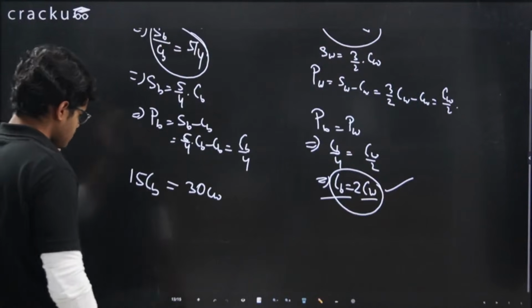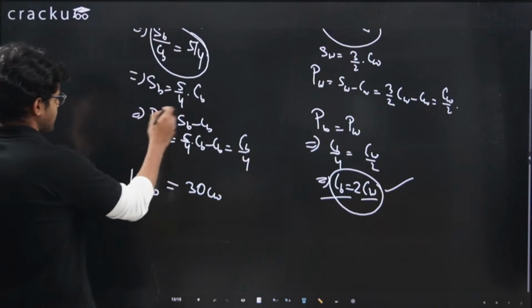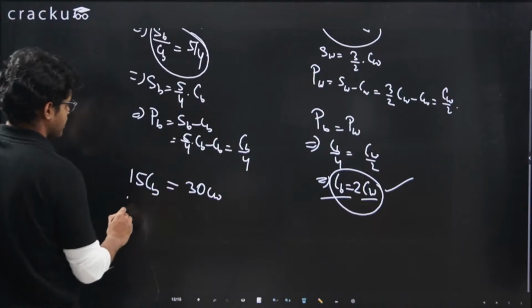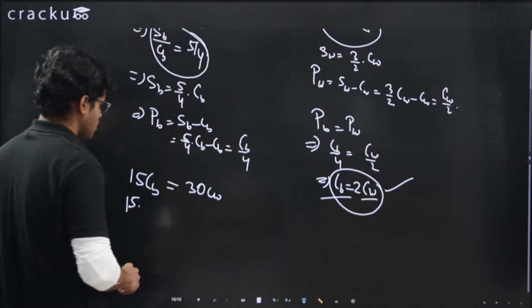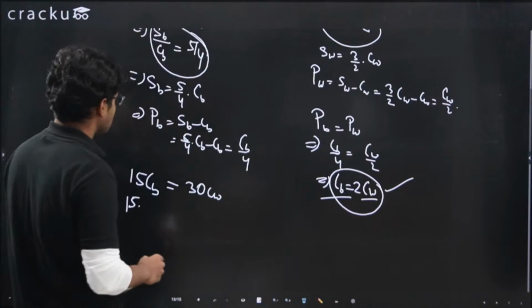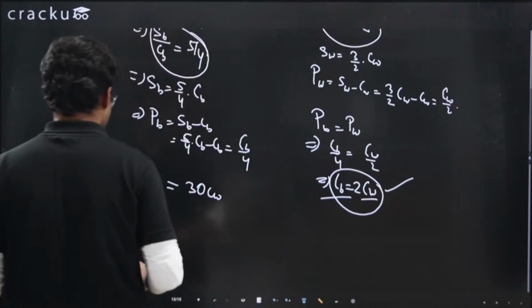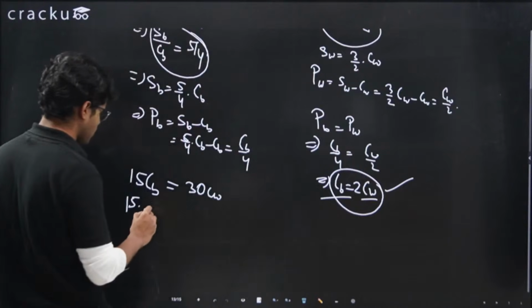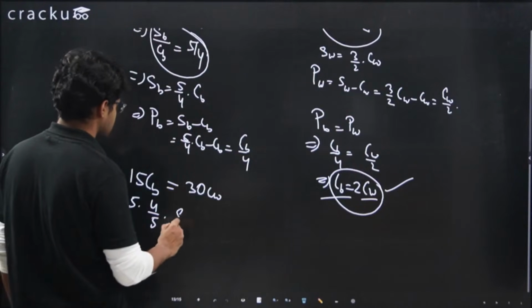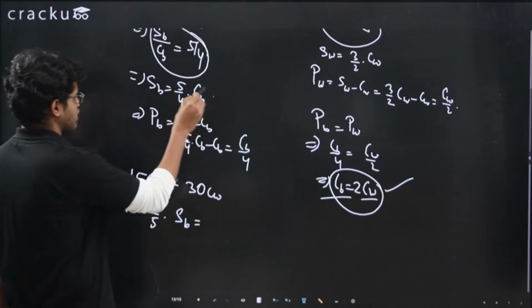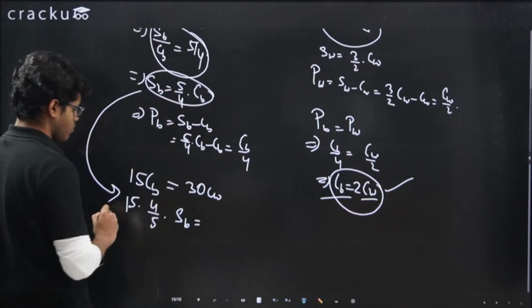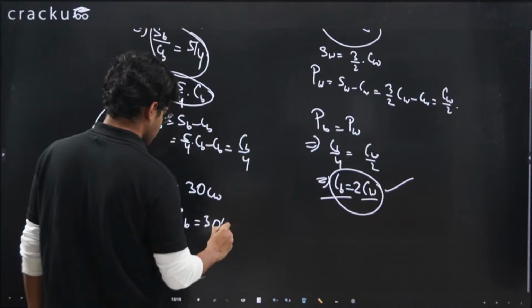Now, CB I can write as 4 by 5 into SB, from the relation SB by CB equals 5 by 4. This is equal to 30 CW.